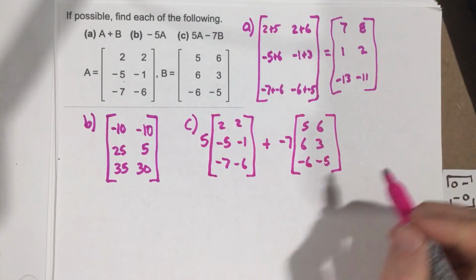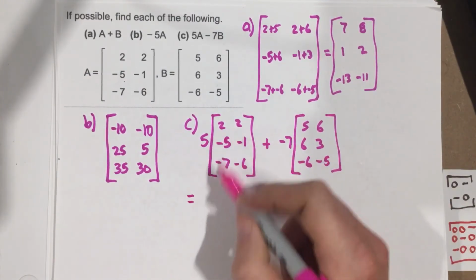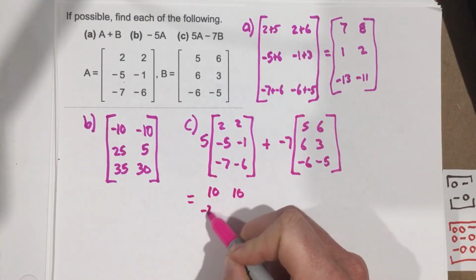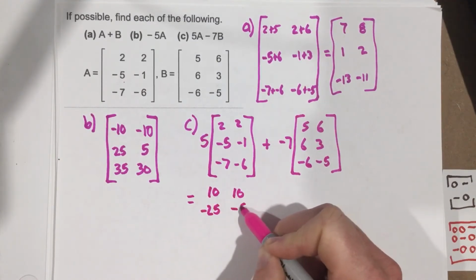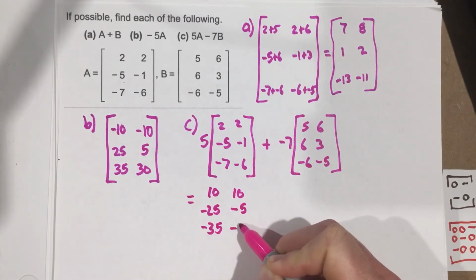This is personal preference. So this is going to equal, I get 10, 10, negative 25, negative 5, negative 35, negative 30.